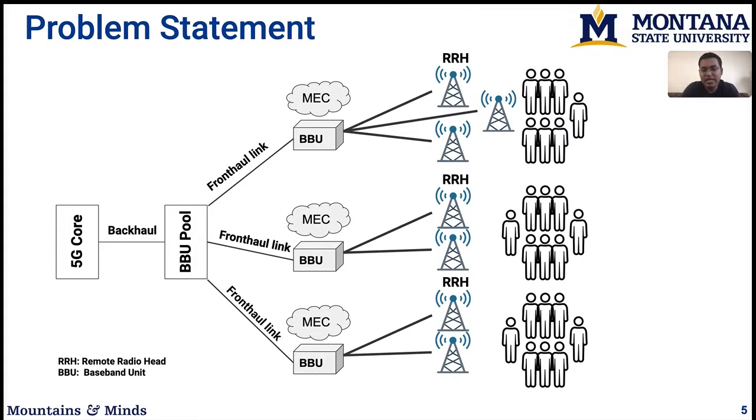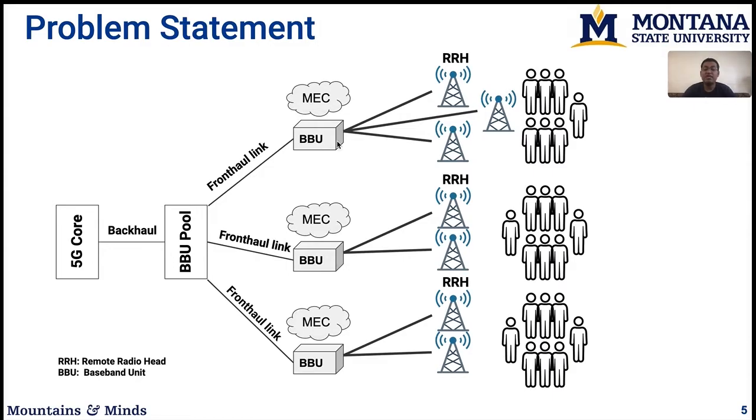Here is the basic high level architecture of 5G, where we have the 5G core connected with the BBU pool, and under the BBU pool we have multiple BBUs, which are also connected with multiple remote radio heads. Each BBU has a mobile edge computing node, and they share the same physical resources.